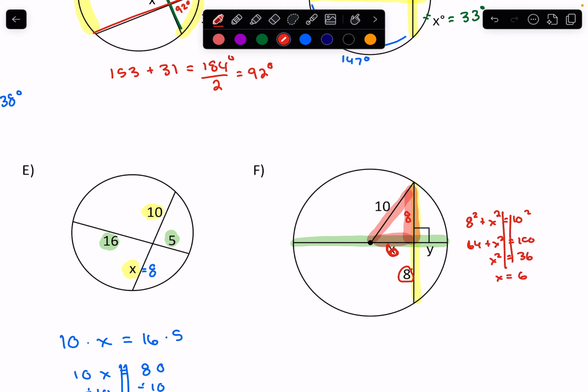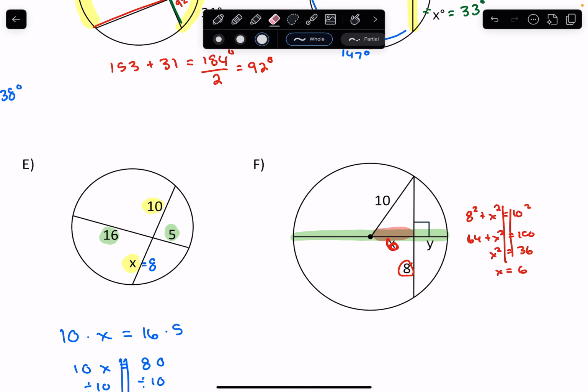And what else does it want me to find? It wants me to find y, which is the other side of that diameter. I'm going to have to use a little bit of inference here. I know that x is now 6.